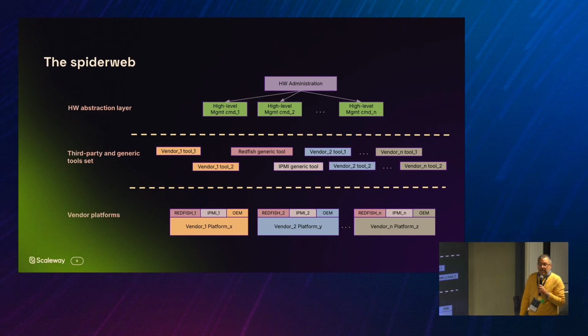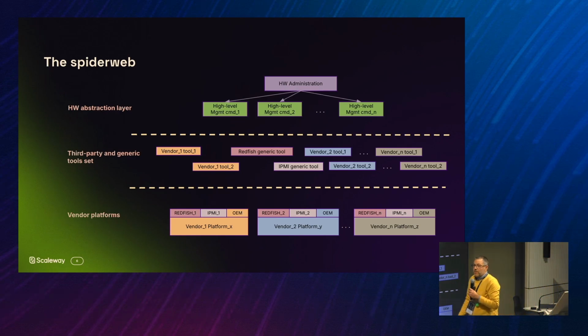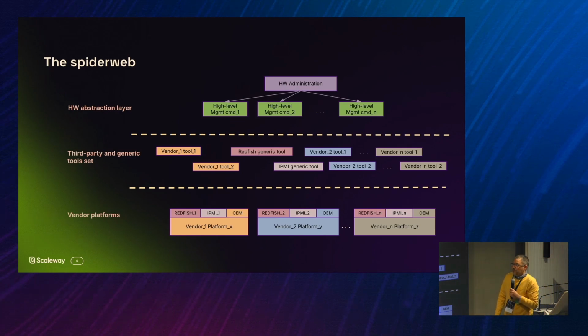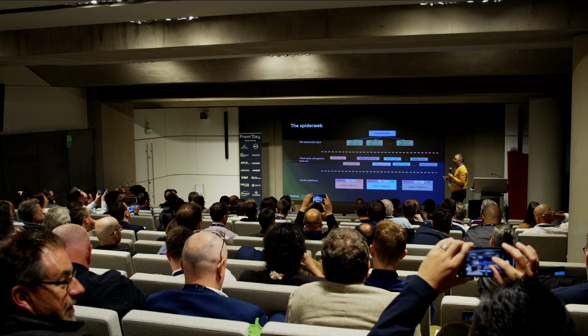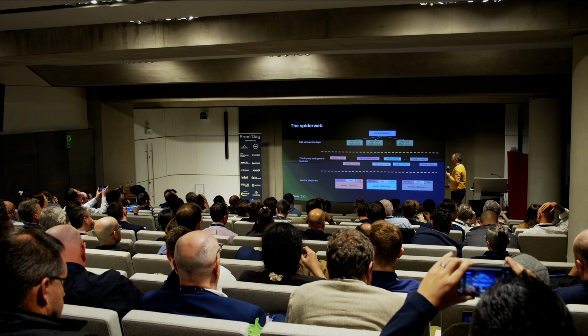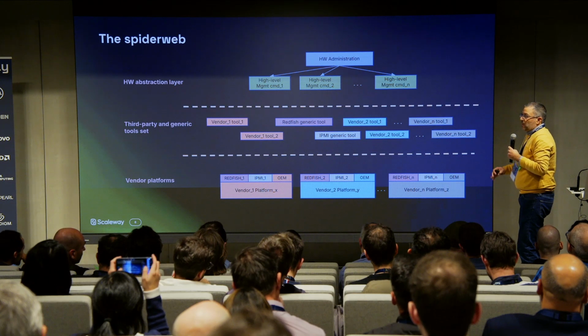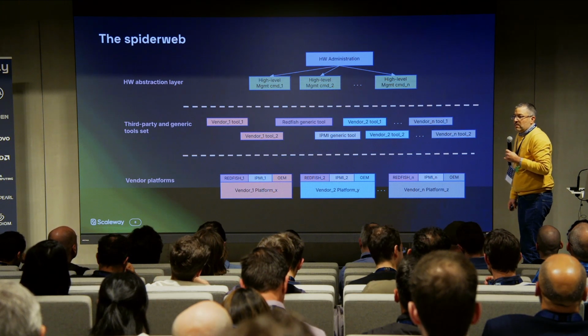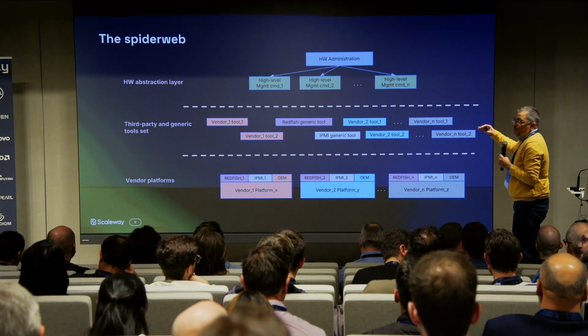This slide is my favorite one because I'm quite sure it will ring a bell with many of you. It's a high-level vision of what the development of a vendor-agnostic management system could resemble. We have three main layers.